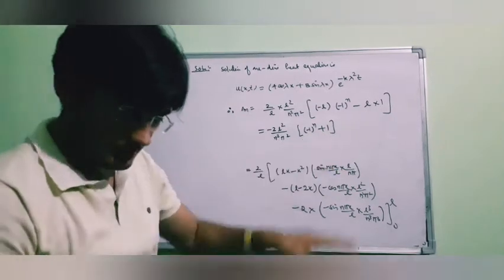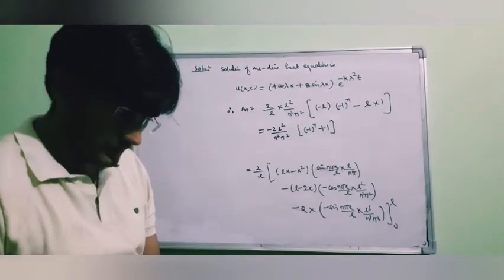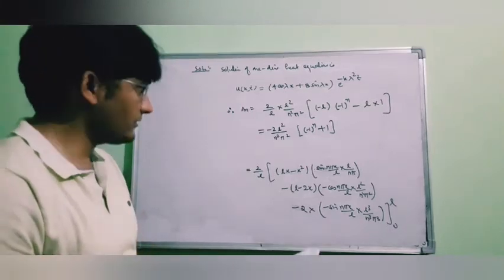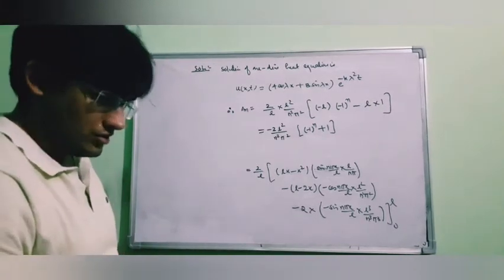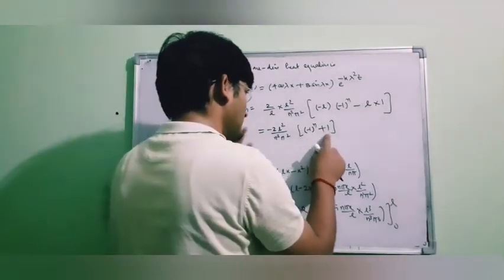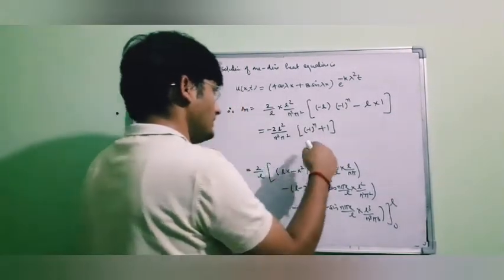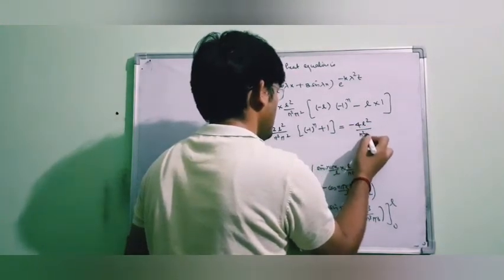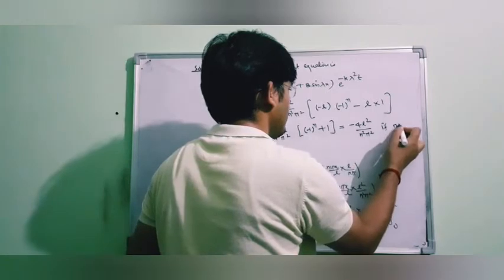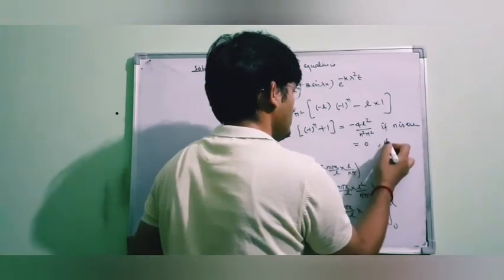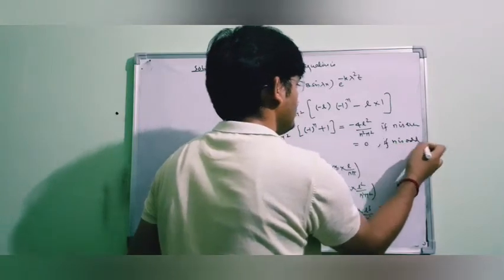Let me cross check this answer. Okay, this is correct. So now if your n is odd, then this will be your 0. Now if n is even, then this will be 2 times. So this is your 2 times if n is even, and it will be 0 if n is odd.